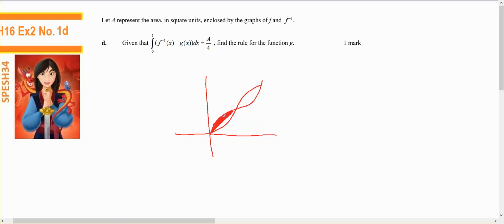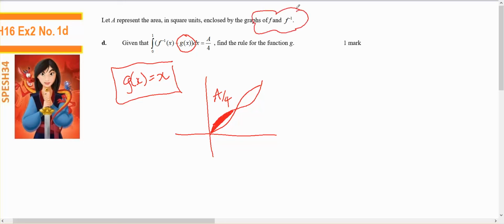So if that is A on 4, then I want g of x to be the line which is y equals x, therefore g of x has to equal x. For this to be a quarter of all of the area that represents the area trapped between F and its inverse.